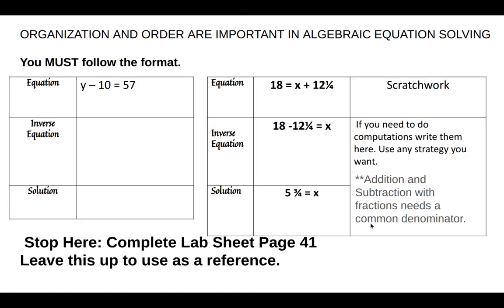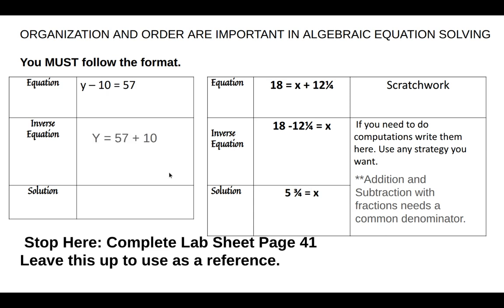So what you're going to see on your lab sheet is something similar to this. And again, we're about order and organization in algebraic equations, especially when you're going to get to multi-step things that you're going to see next year and the year after. So the way that we're going to organize it is, if you can see in the left-hand box, we have the equation y minus 10 equals 57.